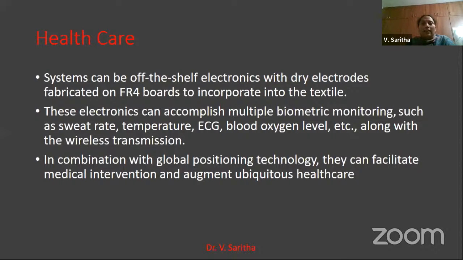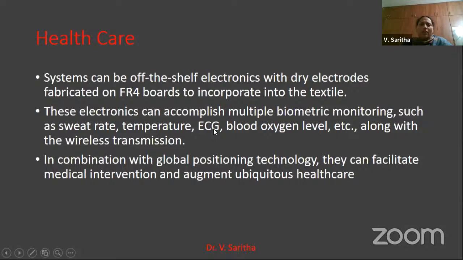So if you see in the healthcare, systems can be off-the-shelf electronics with dry electrodes fabricated on FR4 boards to incorporate into the textile. Off-the-shelf electronics is different when compared to on-shelf. Whether it goes into the textile or not is going to be decided actually.